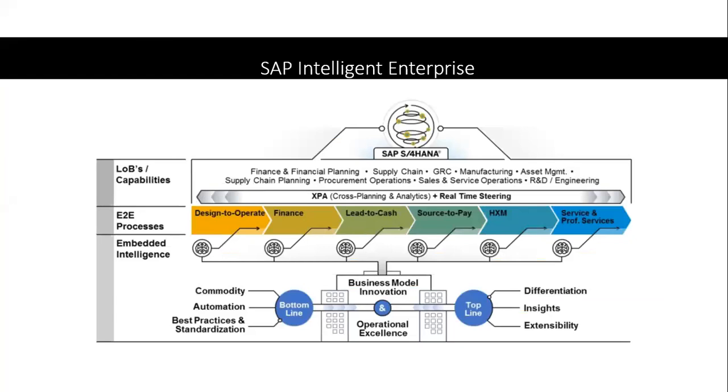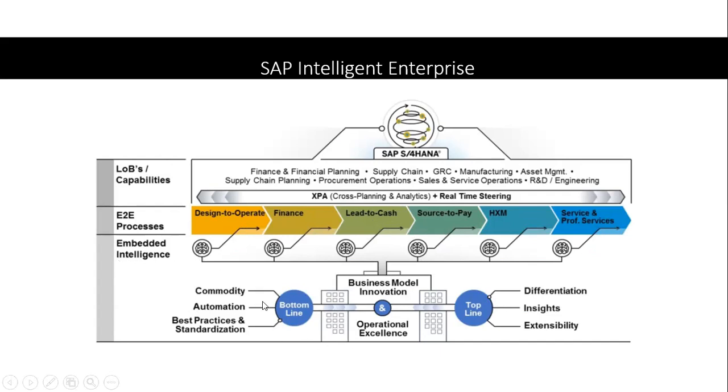Of course, well, the intelligent enterprise, you can see the lines of business: supply chain, manufacturing, asset accounting, the end-to-end processes. We have design to operate. We can do your configurations in the area of finance, lead to cash, order to cash, source to pay, HSM, services and professional services.